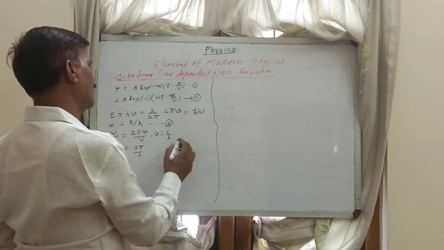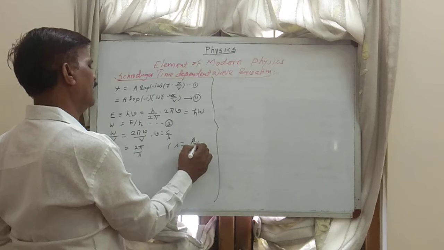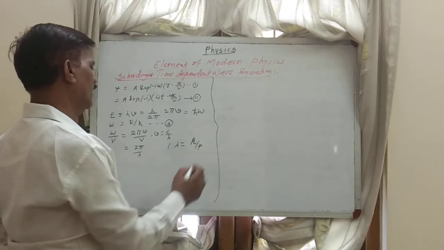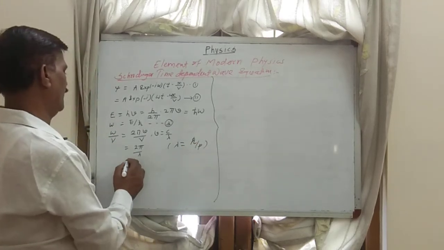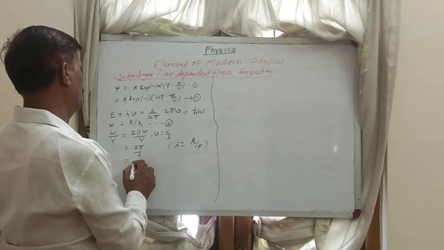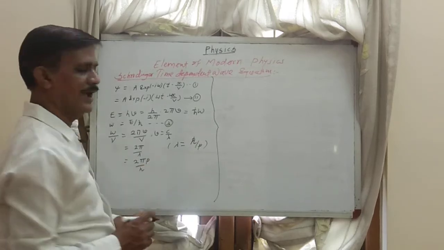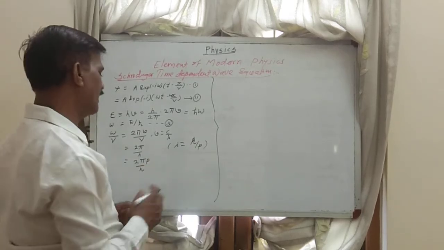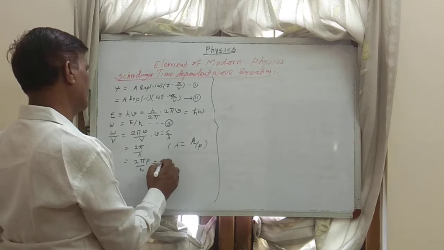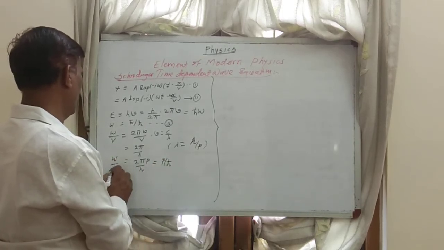Also we know, according to the de Broglie hypothesis, lambda is h by p. Therefore 1 by lambda is p by h, and h by 2 pi is h cross, so omega by v is p by h cross.